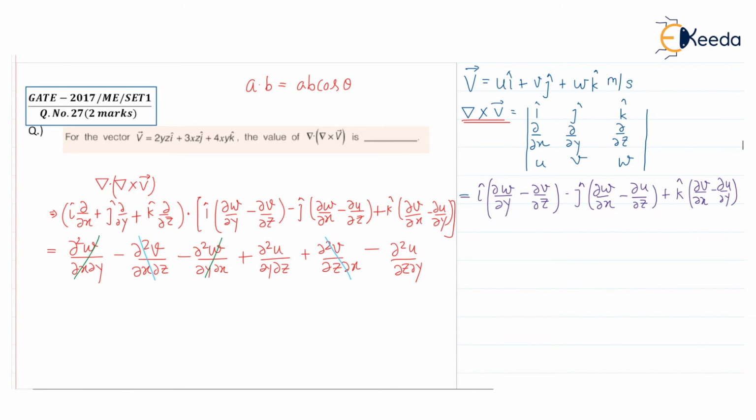The third term, dou square u by dou y dou z, is plus and the other is minus, so everything is cancelled and we get 0. So the value of del dot del cross v is always equal to 0, whatever the velocity vector. Okay, thank you.